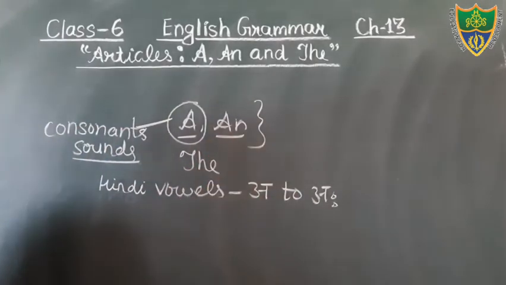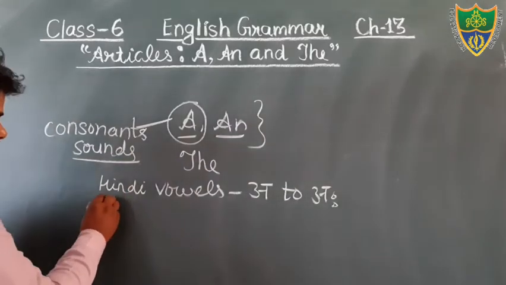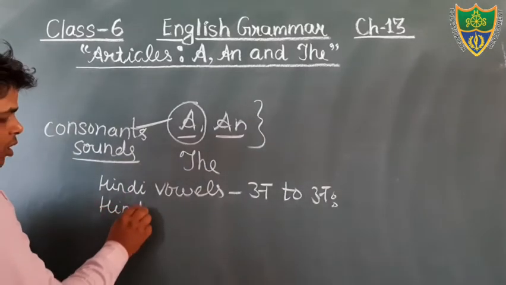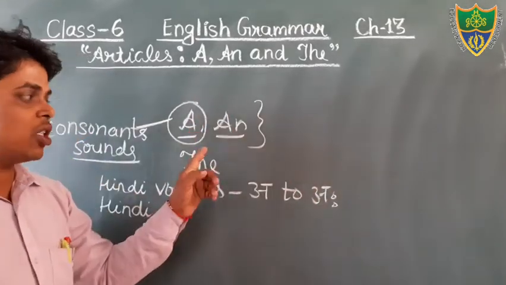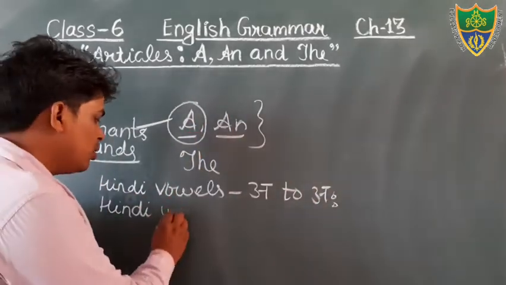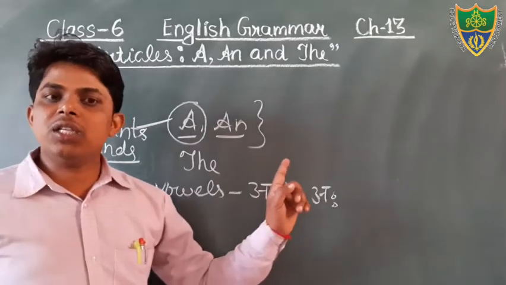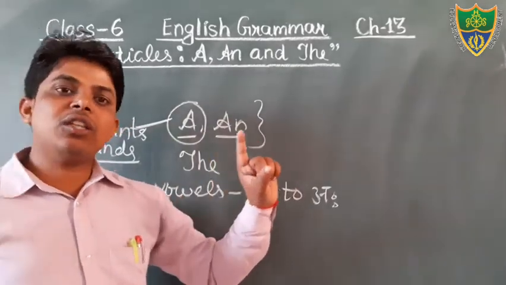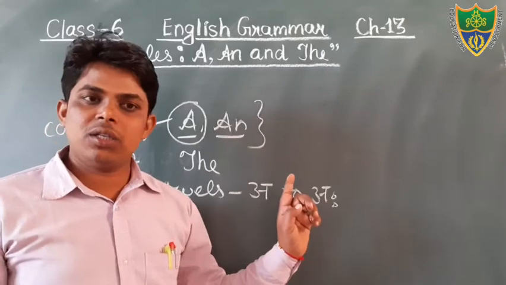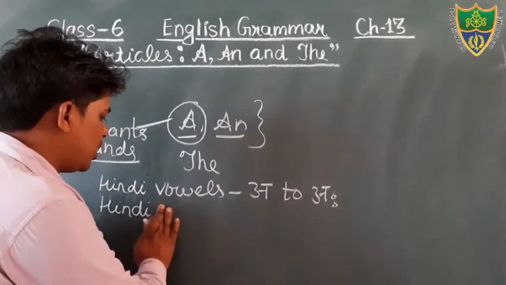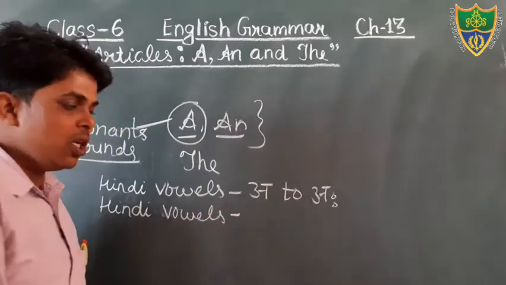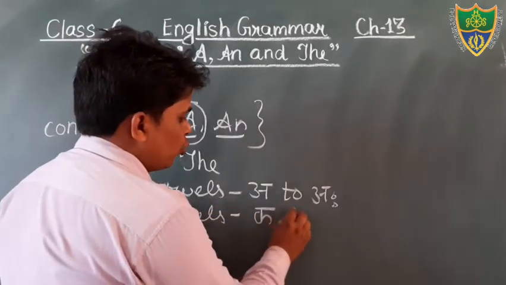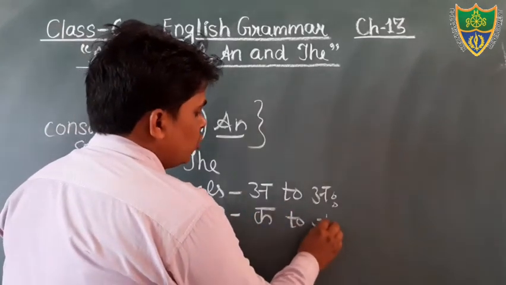And if the noun starts with a consonant sound, and what are the consonant sounds? In English there are 21 consonants, but you have to match with the Hindi sound, with the Hindi vyanjan from ka to gya.